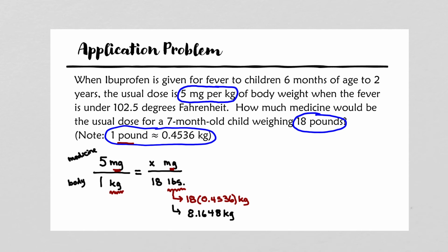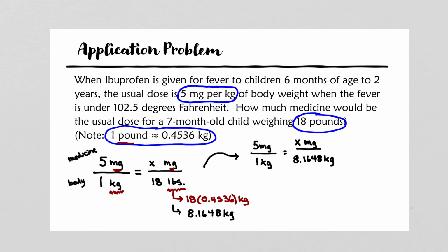That's going to be the relationship I use to set up my proportion. Namely, 5 milligrams of medicine is to 1 kilogram, as X milligrams of medicine is to 8.1648 kilograms of weight. Now I'm set to go ahead and solve.